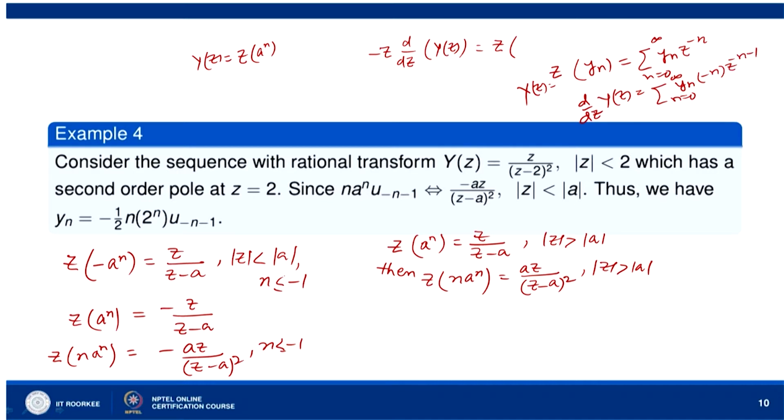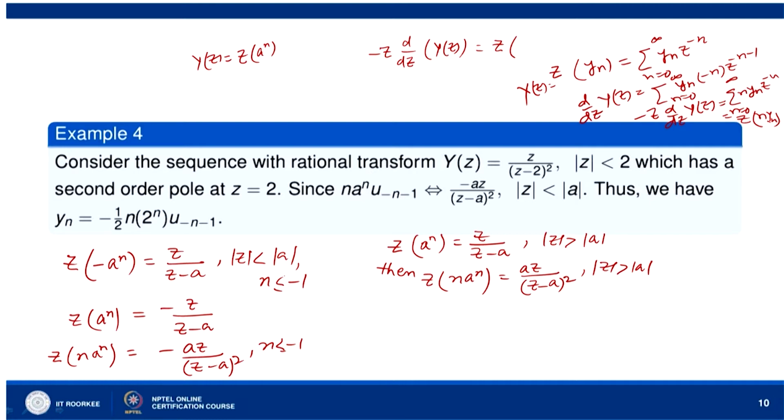So, we multiply by minus z, then minus z d over dz of Y(z) is equal to the sum for n equal to 0 to infinity of n y n into z to the power minus n. So, we get the Z transform of n y n.